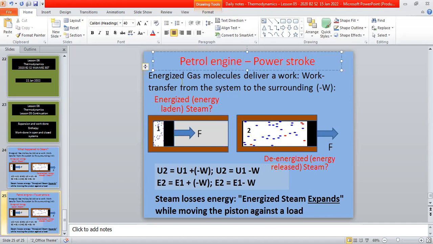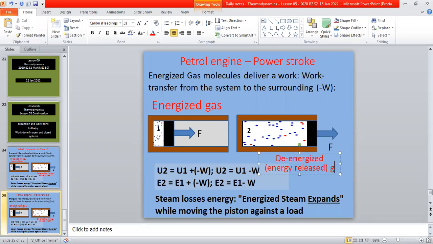Power stroke means energized gas, then de-energized, energy released, the same gas.